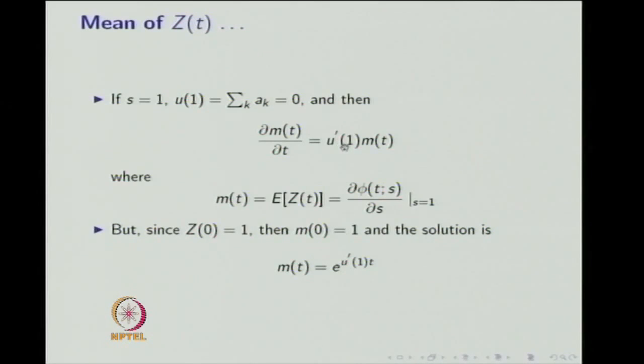Therefore, you can solve this ordinary differential equation with the initial condition m(0) equal to 1. Hence, the solution will be m(t) equal to e^(t u'(1)). Now, we can discuss the mean of Z(t) based on the value of u'(1).